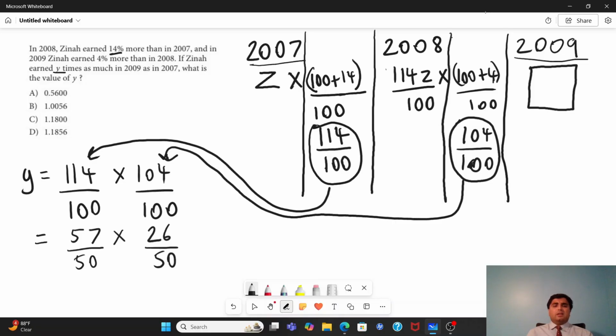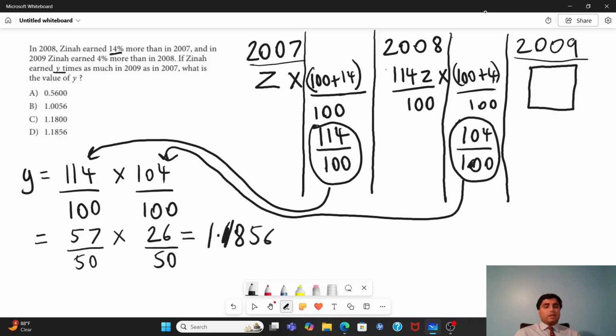Basically, once we do all the calculations, we're going to eventually get this particular number, 1.1856.